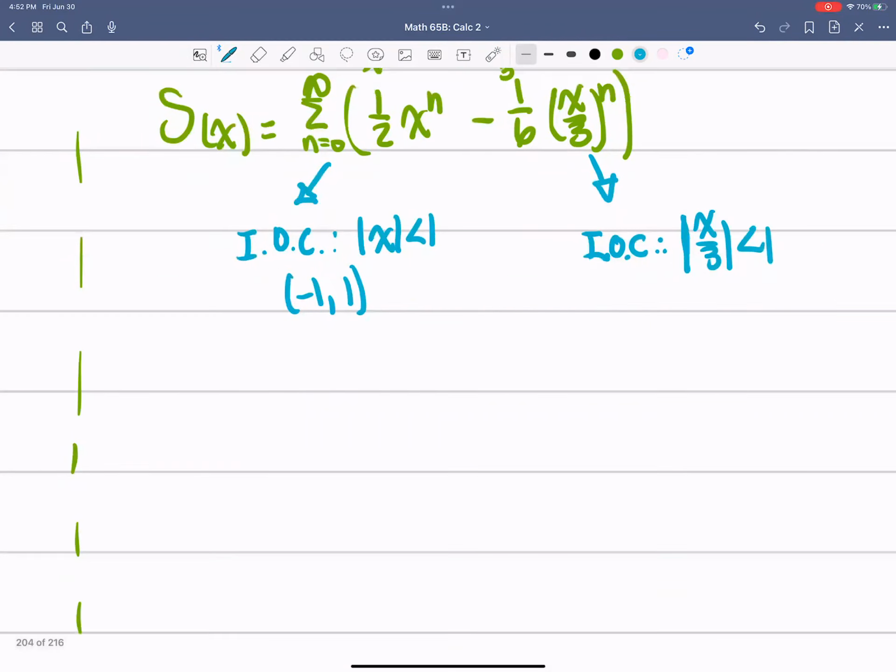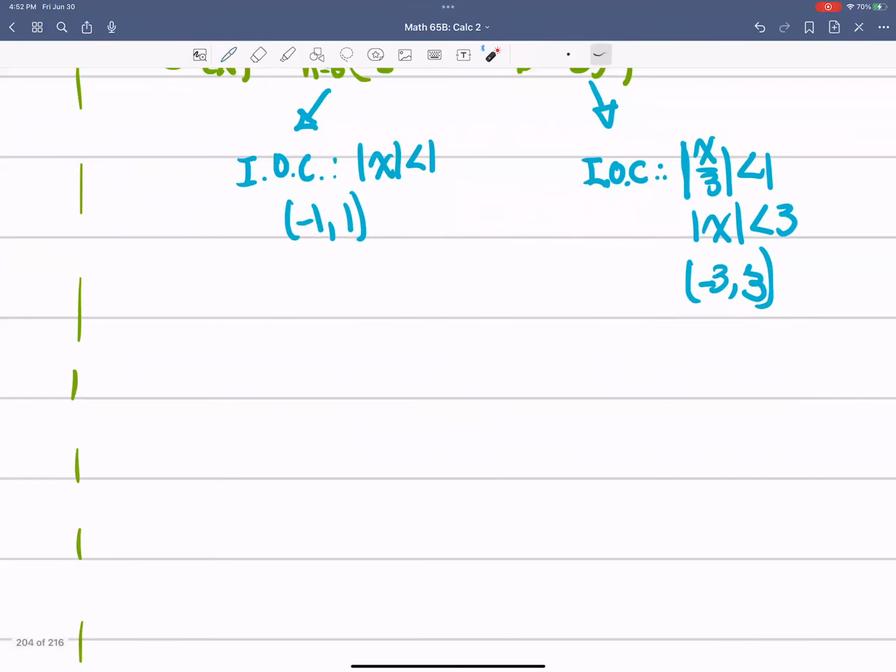So that's absolute value of x less than 3. So here we're looking at from negative 3 up to 3. So it looks like this one ends up winning because this one is inside of this one here. So overall, our interval of convergence is going to be from negative 1 up to 1.